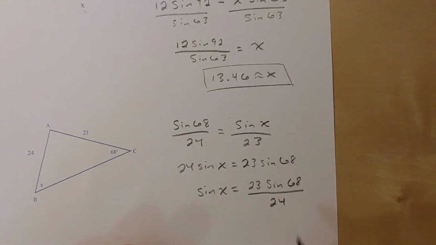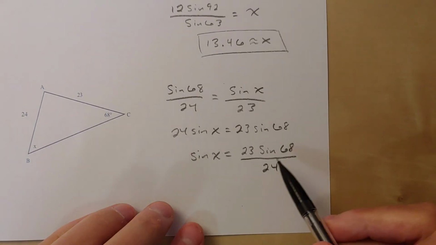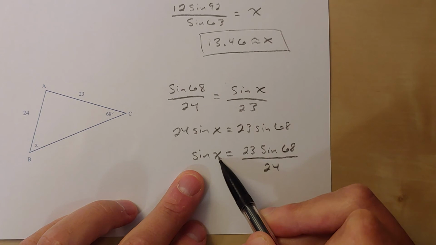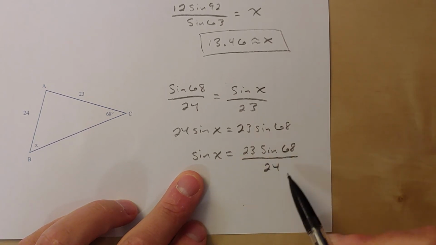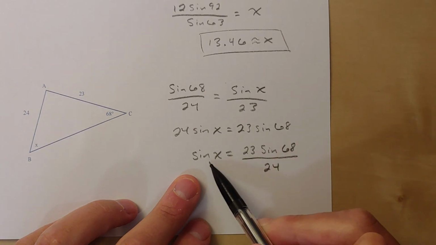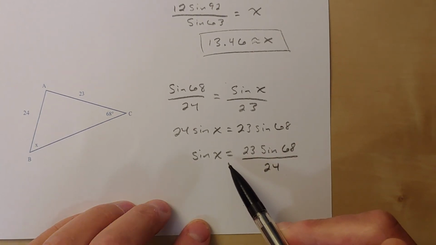Okay, so here we have a case where we know the ratio, but we don't know this angle. Remember, when that happens, you might recall when we reviewed trig last week, we have to use inverse trig.